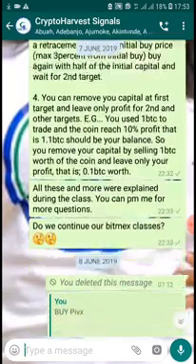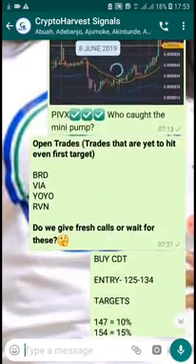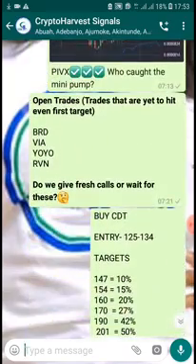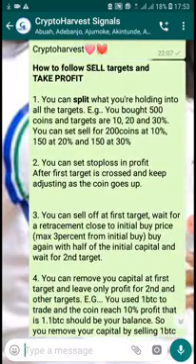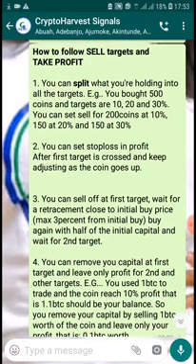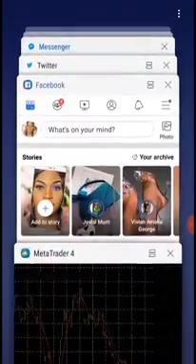Example, you bought CDT at 125 sats, and you bought 500 CDT coins, and the targets are 10, 20, and 30%. You can sell 200 coins at 10%, 150 coins at 20%, and then 150 coins at 30%. That's one way of taking profit.